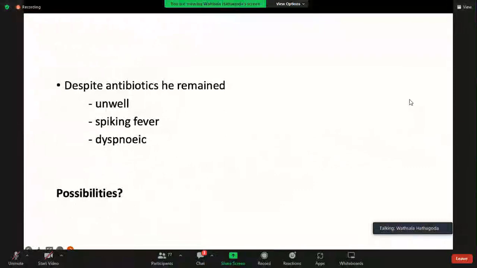So then you have started, let's say, cefotaxime and oral clarithromycin, and after 48 hours, still the child is unwell and there are fever spikes and he's dizzy. So what are the possibilities here?